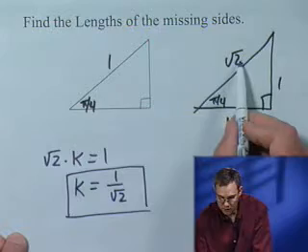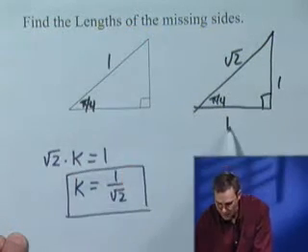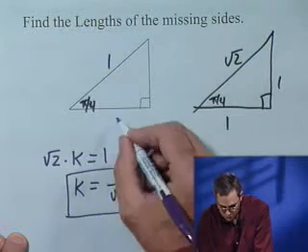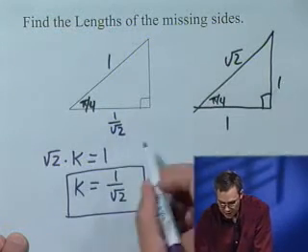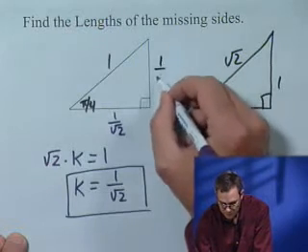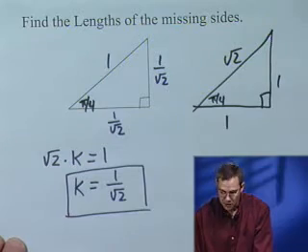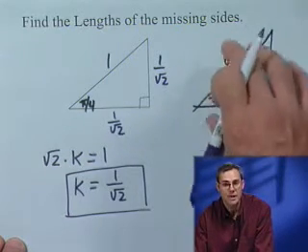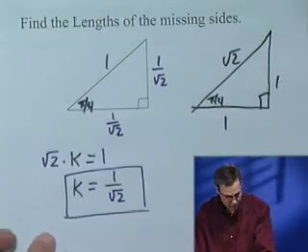So if I take the square root of 2 times K, I get 1. If I want this side, I'll take 1 times 1 over square root of 2, which is 1 over square root of 2, and 1 times 1 over square root of 2, and I've got my missing sides. Okay? So it's very important that you have this general relationship memorized. Then it's fairly easy to find your K. Let's do another one.